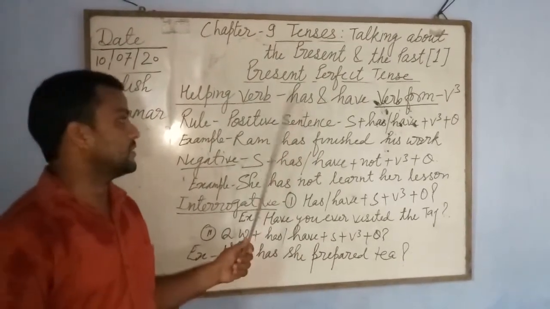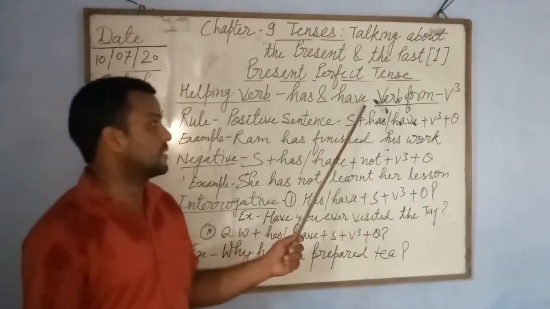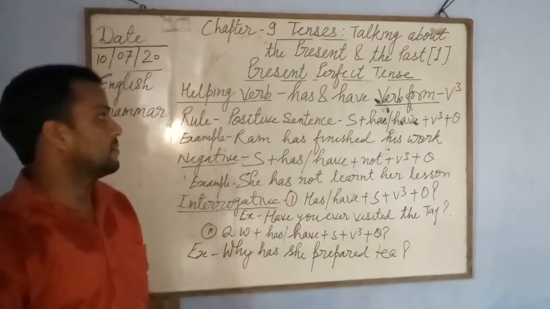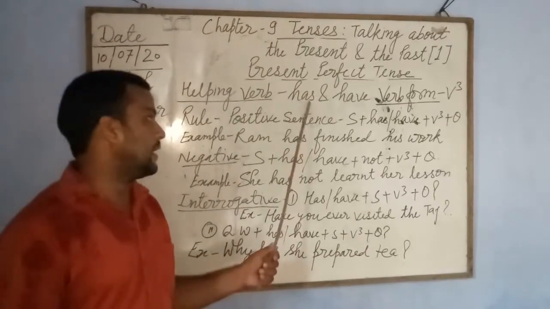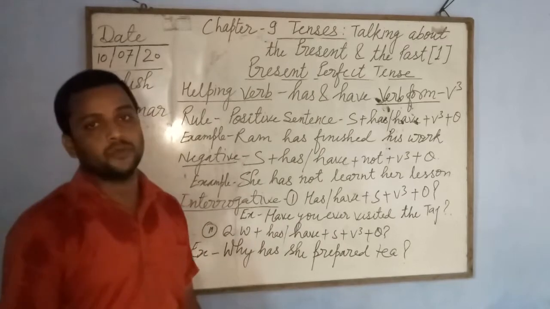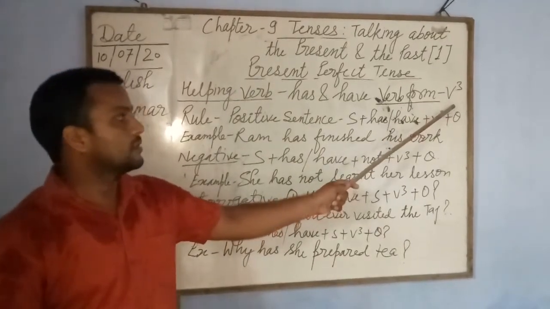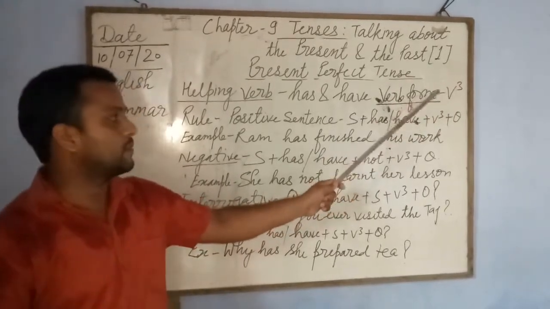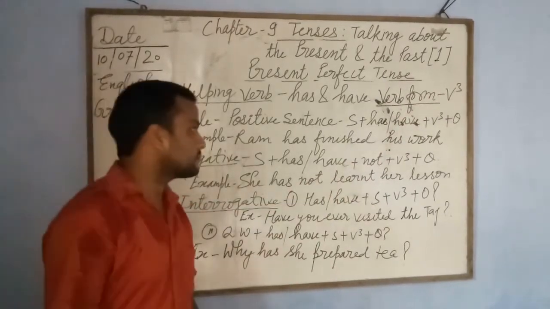With a singular subject we use has, and with a plural subject, including I, we use have. Students, in this tense we use the third form of the verb, the past participle form.